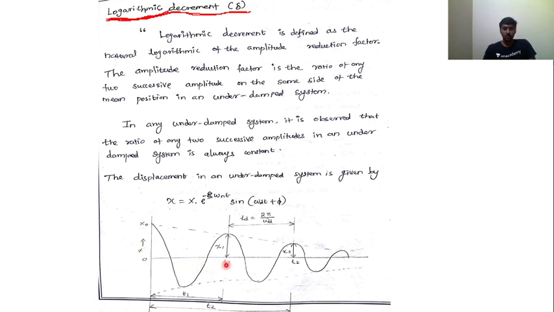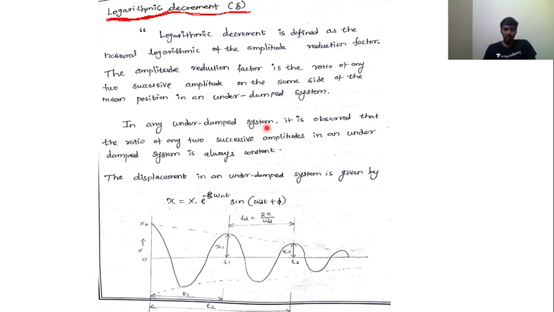After completing one cycle, that means one revolution, after time t1 seconds, the amplitude is equal to x1. Again, at the end of the second cycle, the amplitude of the vibration is equal to x2. Okay, now it's an underdamped system.